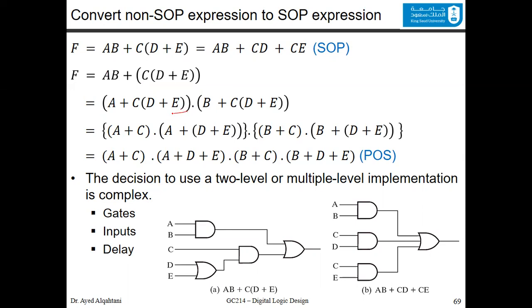After that, your goal is to get a product of sums, something like this, so you do the distribution again. You distribute the A here and also to this one. So it will be A or C, and with A or D or E. This AND is the result of this AND here.